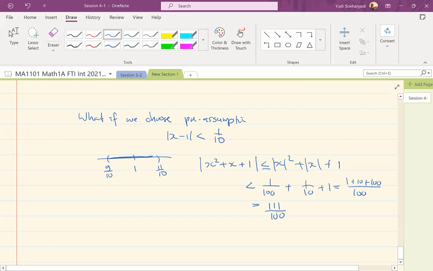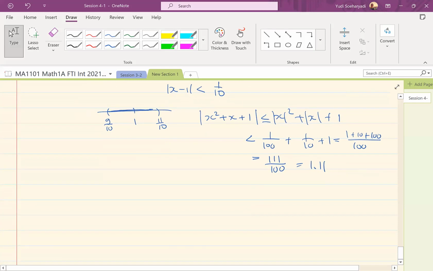Say this is 1.11. I see, it's like the basic theory of absolute value. Yes, the range would be the distance. Actually, that's distance.